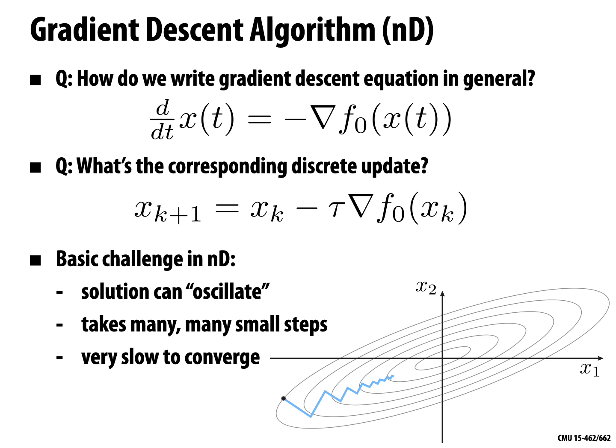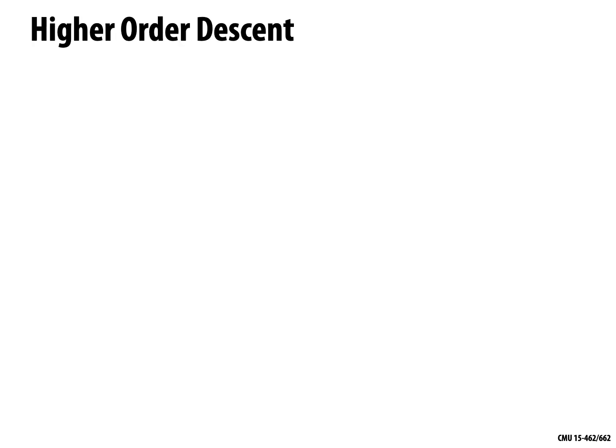So for this reason, people consider lots of descent strategies beyond gradient descent. One technique is to consider higher order derivatives of the function. Not only the gradient, but perhaps the Hessian. Okay?